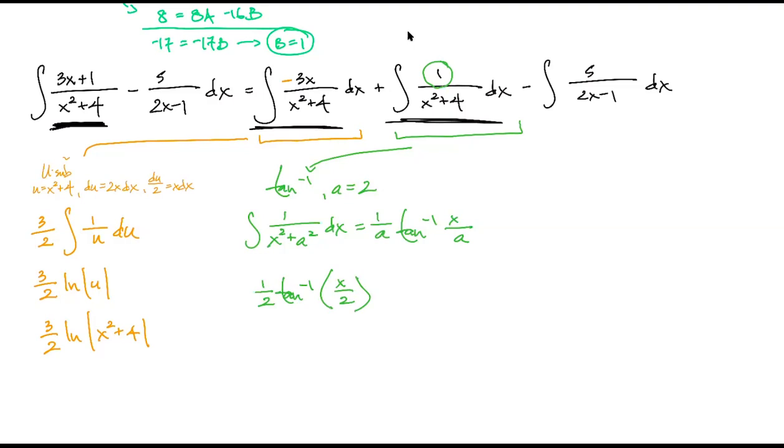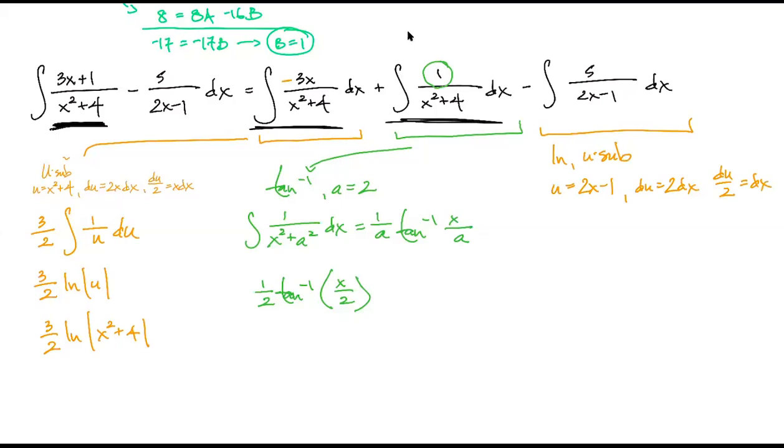All right, last one here. We kind of return to what we learned in the first 2 examples, right? Where we know it's going to be a natural log, and in this case, we definitely have to keep our eyes out for the u sub. So u is going to be 2x minus 1, du equals 2 dx, or du over 2 equals dx.